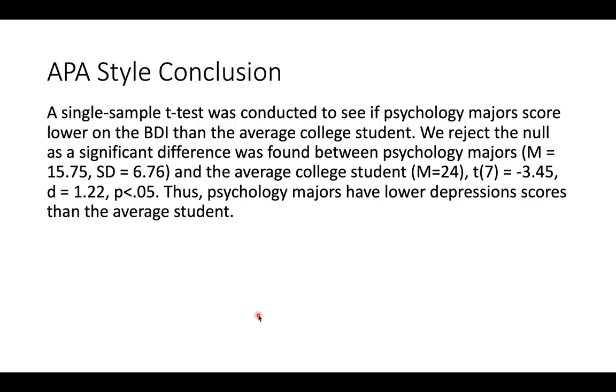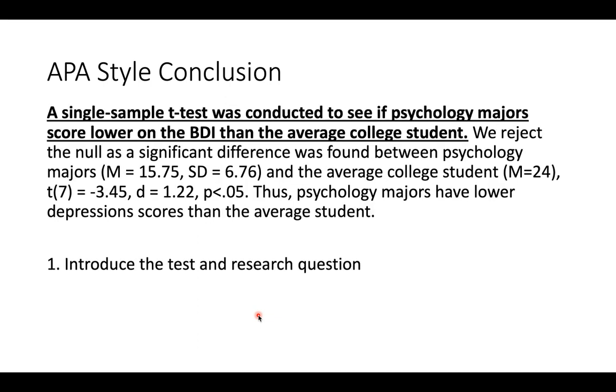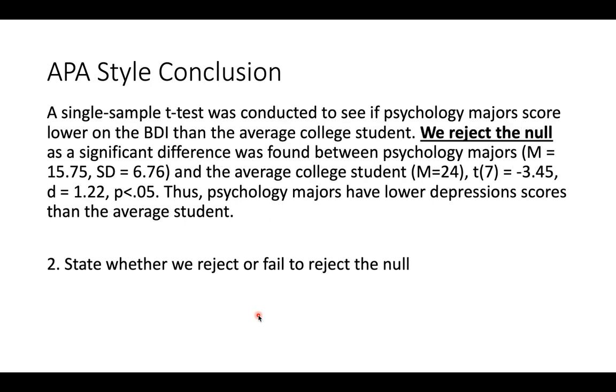We could write this up in an APA-style conclusion like this, where first we introduce the test and research question. A single sample t-test was conducted to see if psychology majors score lower on the BDI than the average college student. Next, we state whether we reject or fail to reject the null. Remember, we reject the null because they are more extreme.